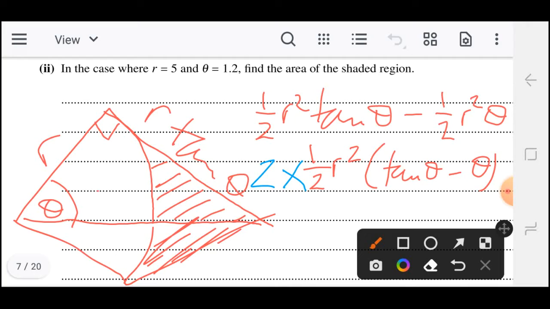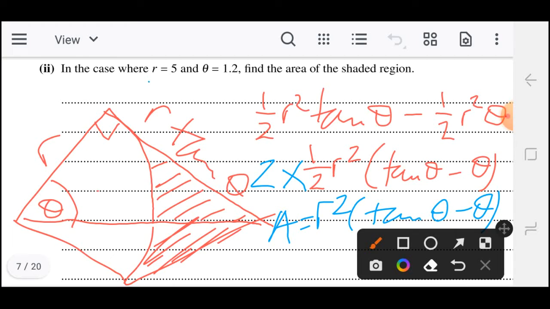So finally we get R squared times tan theta minus theta. That's the area that is required here.